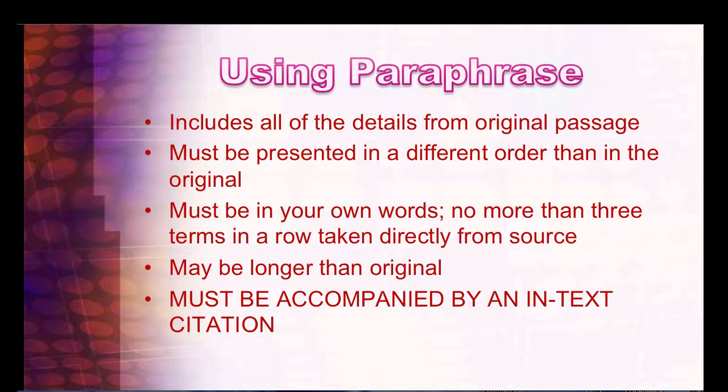So remember, put everything in your own words and always have both an in-text citation and a bibliography entry for every bit of information in your papers. If you do that, you won't have to worry about plagiarism.